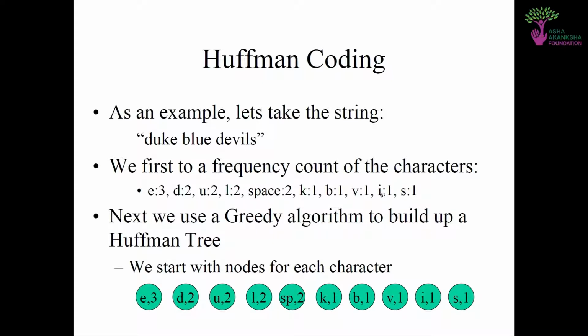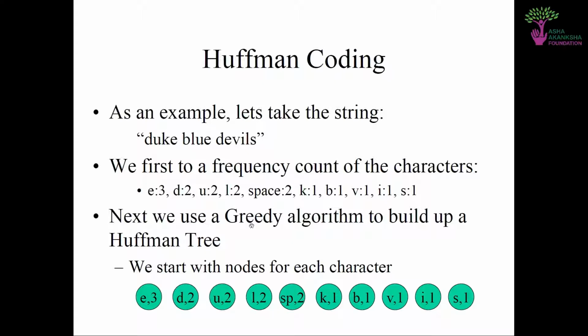Similarly, K, B, V, I, and S all occur 1 time. Since E occurs the most, we want E to take up as little space as possible.